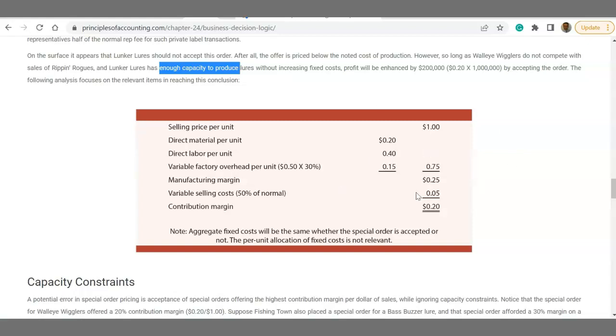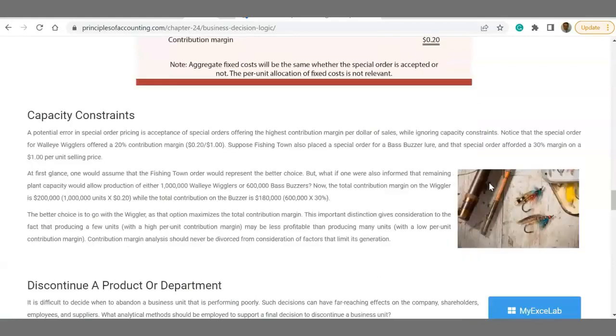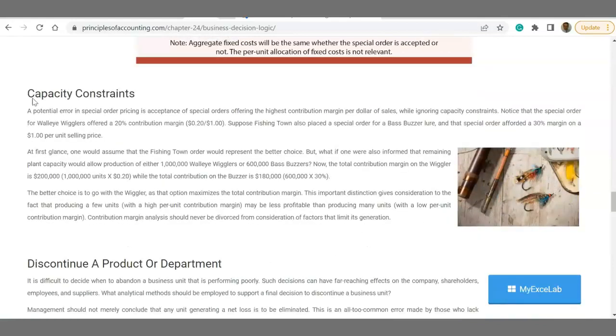So you have the capacity to increase another 1 million units. Sometimes there is a capacity constraint. That means there is a bottleneck somewhere, and that might be an issue.